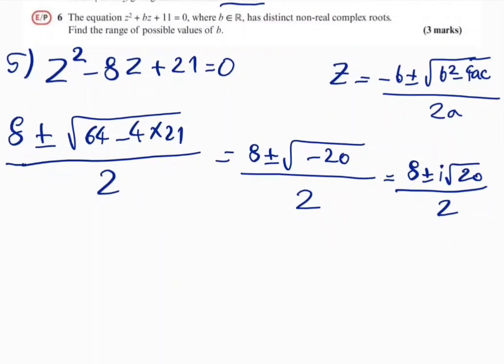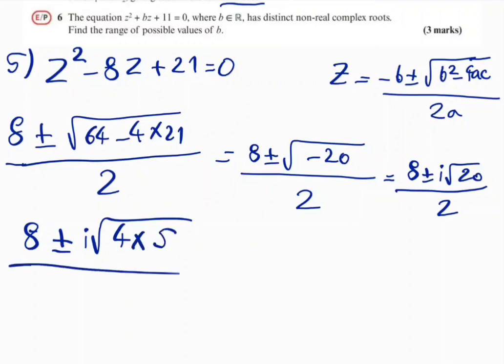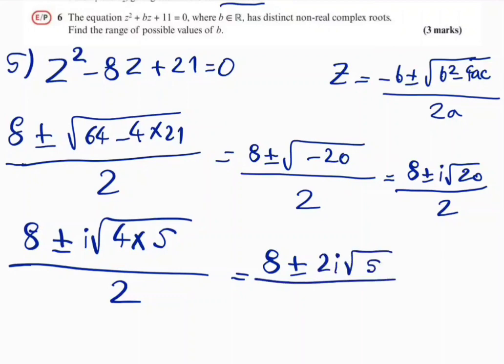So that's better. In this case, 8 plus or minus i root 4 times 5 divided by 2. And now we can write this as 8 plus or minus 2i root 5, because the square root of 4 is 2, divided by 2.